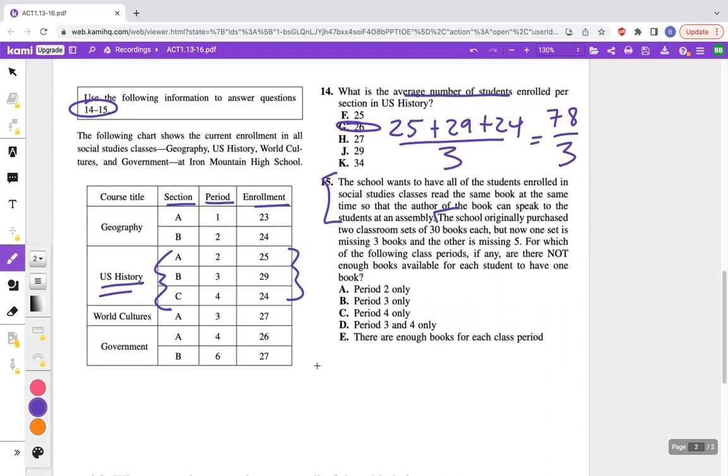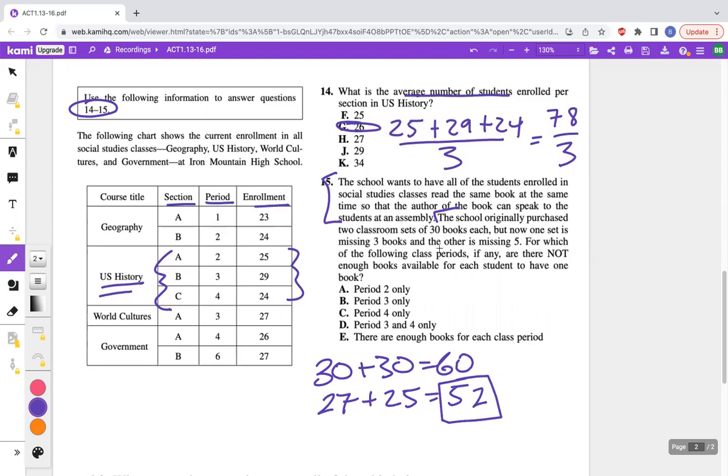All right. So originally they had 60 books total, but then they lost 3 and they lost 5. So now the number of books that they have available is 52. And then they're asking for which of the following periods are there not enough books? So now we have to decipher this table a little bit.